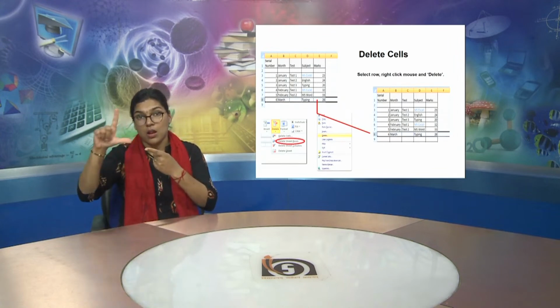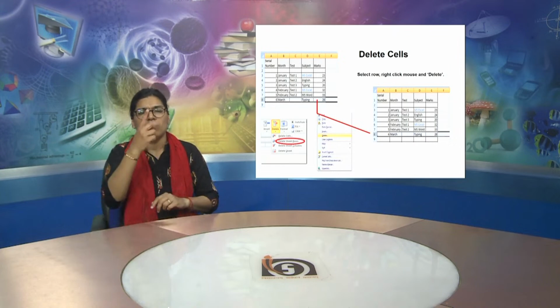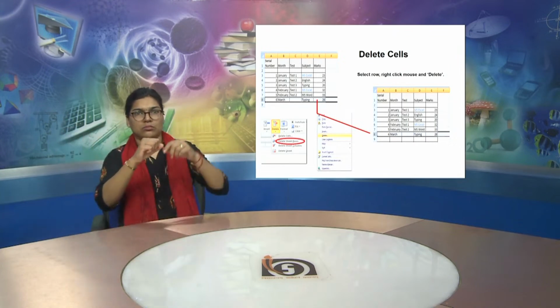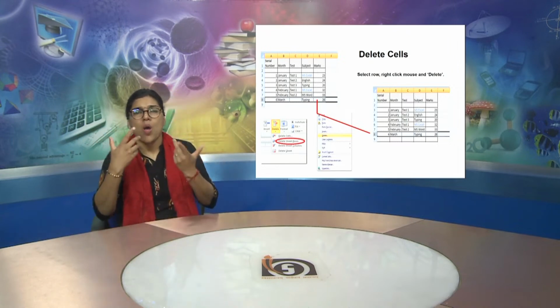Now this is another command of deleting a cell. If you have made any mistake and you want to delete any cell, for that we use the delete cell command.